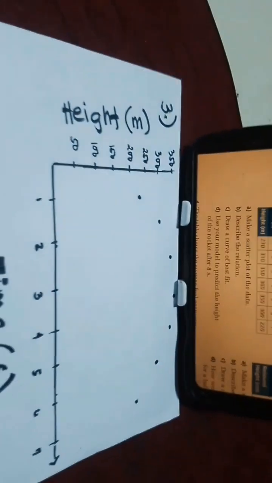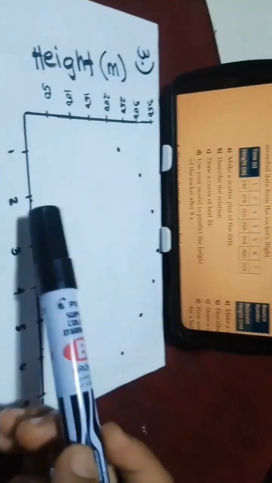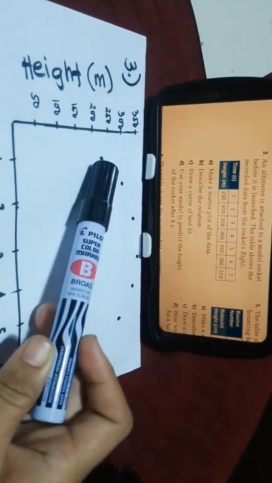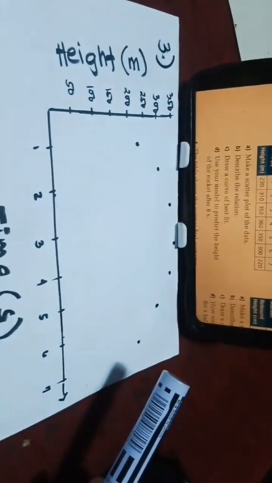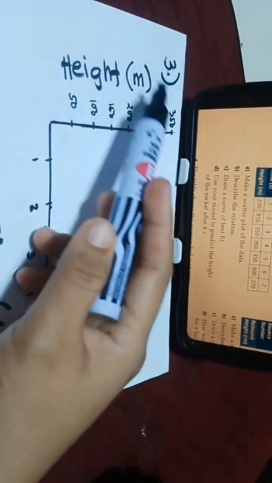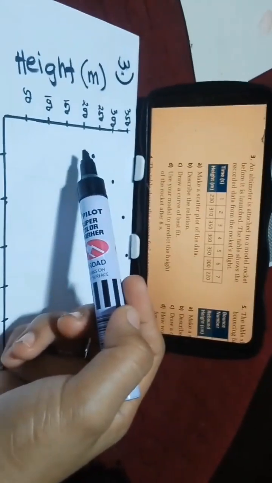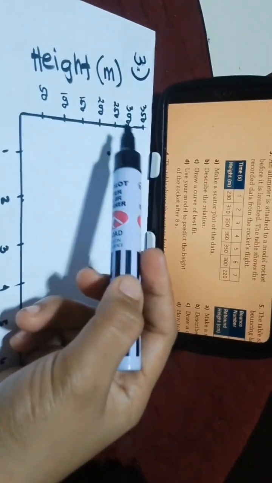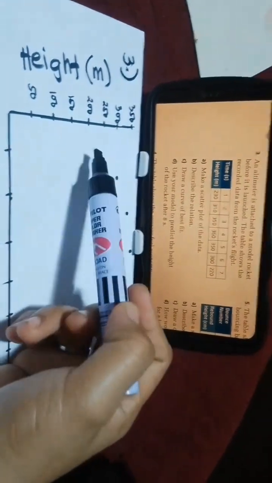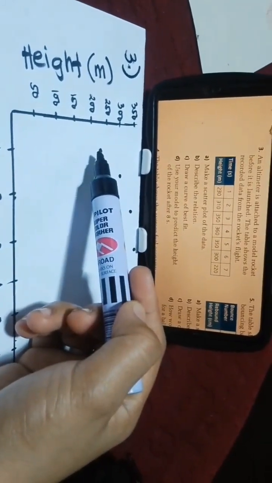Here I have already made the scatter plot of the data. At 1 second, it is located at 230. I made an interval of 50 in the dependent variable of height. At 1 second, the measurement of the model rocket is at a height of 230 meters.